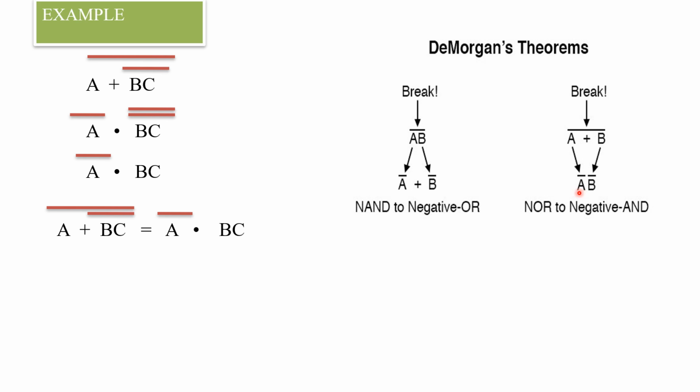So variable A bar, the complement, OR becomes AND, and B bar. So OR to negative AND. Second theorem, (AB)bar: again we break the bar, so we get the variables A bar and B bar, and the NAND operation, when inverted, gives an OR operation. So NAND to negative OR.